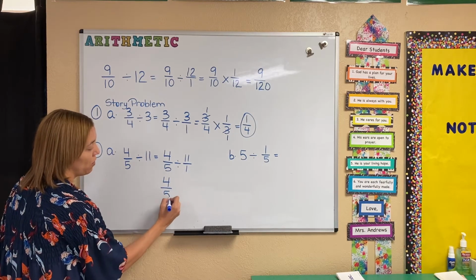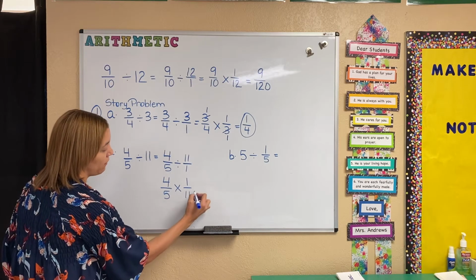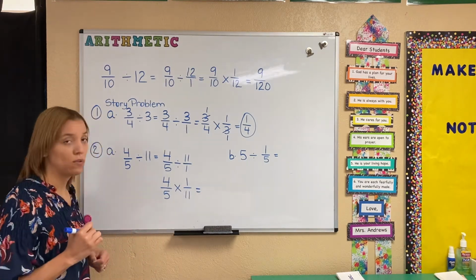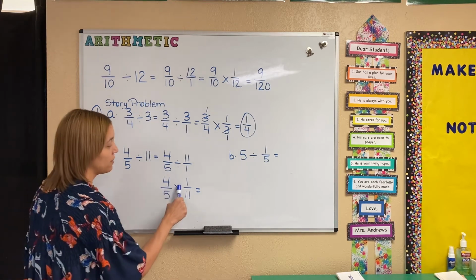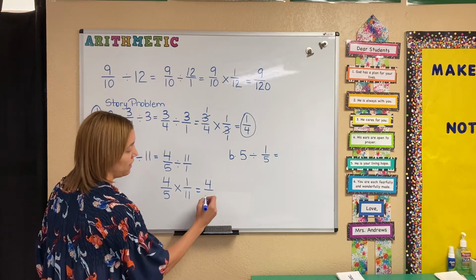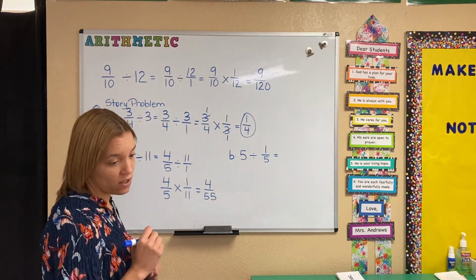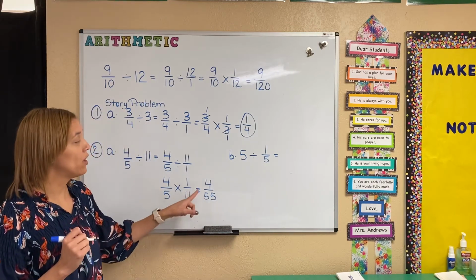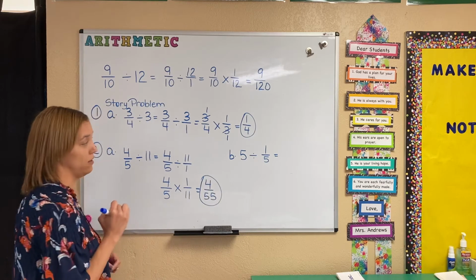So 4/5 times 1/11. And then we just straight across multiply. So 4 times 1 is 4, and 5 times 11 is 55. So the answer that we get is 4/55. This would be our answer.